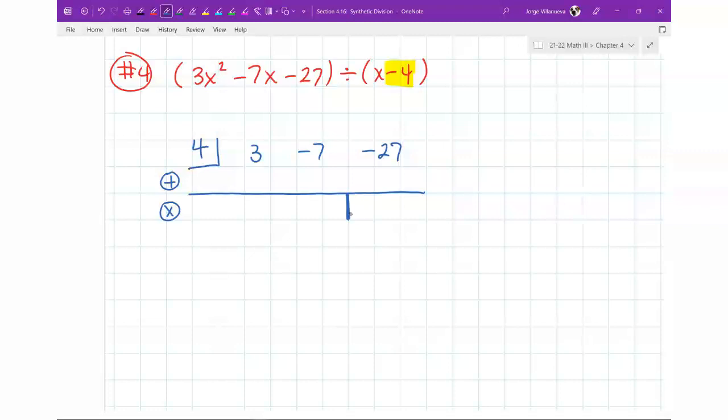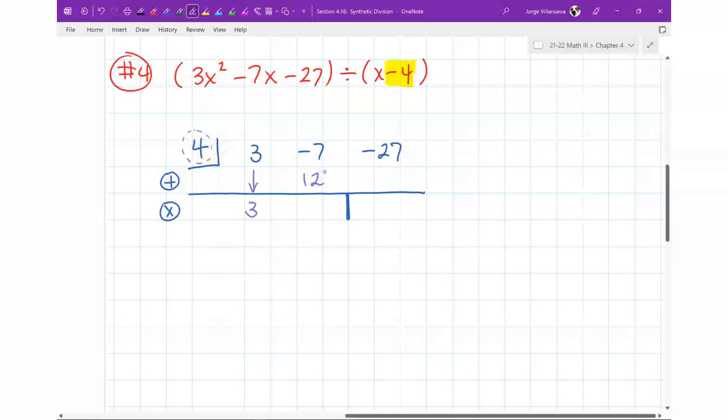So your first step, drop your first term. So the 3. Okay, what am I supposed to do with that 3? Look to the left of it. What does it say? Multiply by what? By the 4. You're always going to multiply by this number right here. So 4 times 3, that's 12.